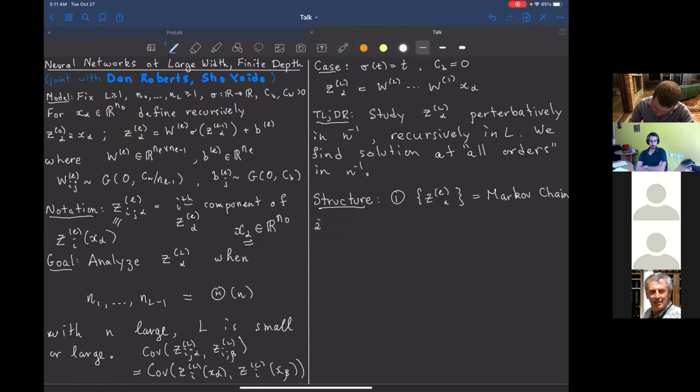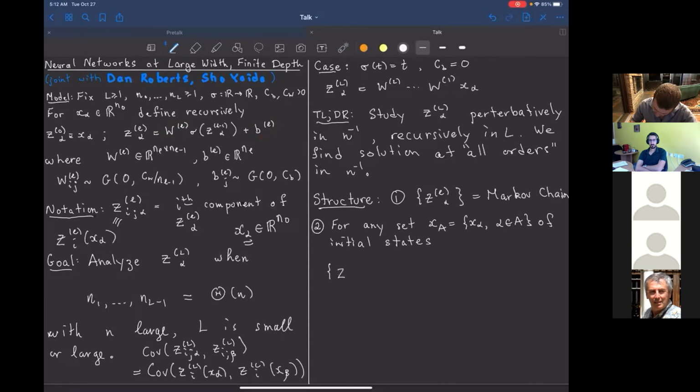But the second thing is that this is not some arbitrary vector-valued thing, which would be insane to study. The point is this has a ton of independence already built into it. The reason is that these matrices W and these vectors B are all independent of each other. The most direct way of saying it is like this. If you look at the finite dimensional distributions of this process, so for any set X_A, so these are x_α, α in A, of initial states or inputs to the stochastic process, what do we find?